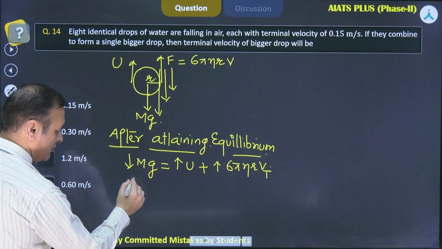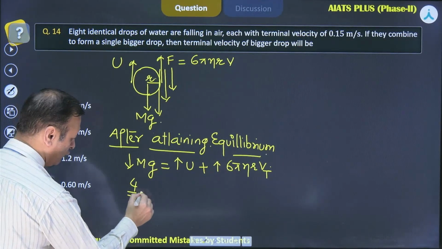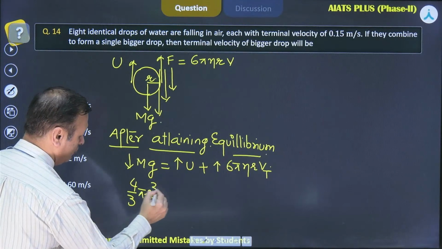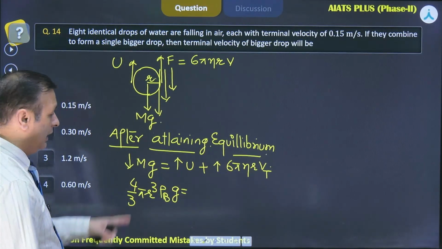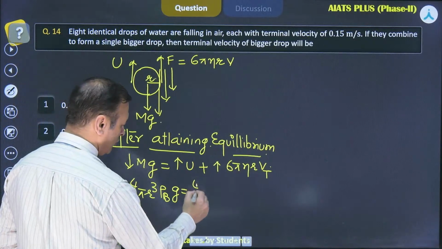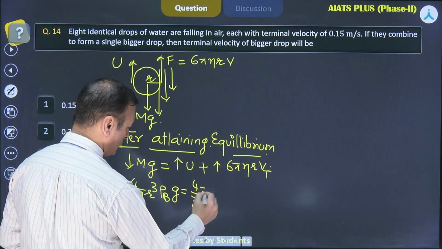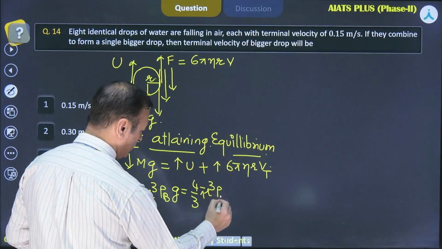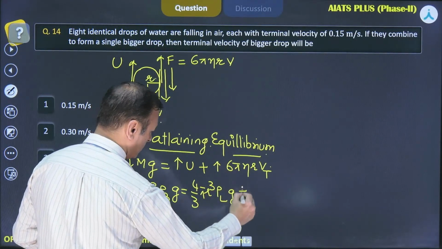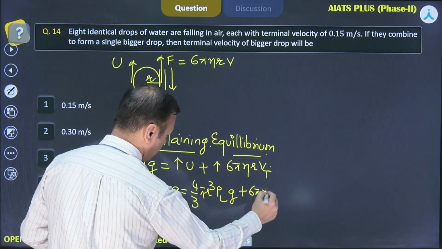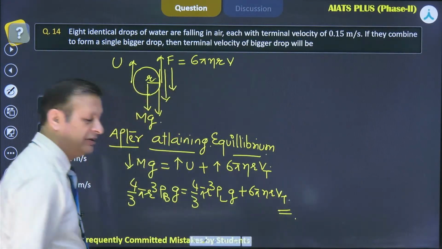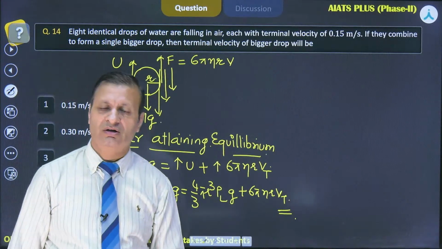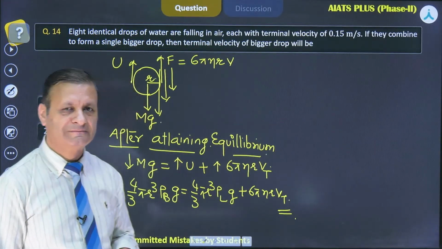So this mass can be written as 4 by 3 pi r cube into density of body into g. Upthrust, volume of the body into density of liquid into g, plus 6 pi eta r v t, and it is this speed that is called terminal speed.